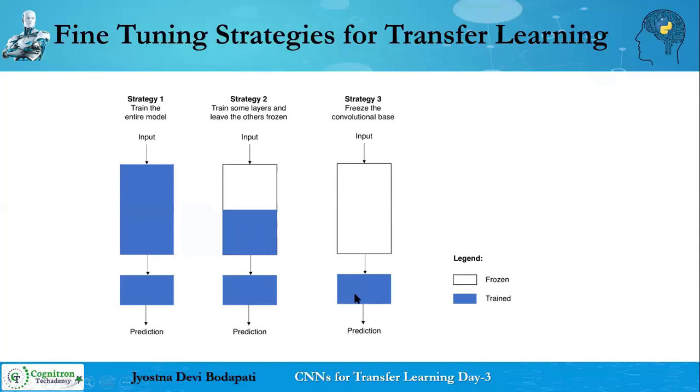The blue fill indicates the layers. You can think of this as a VGG16 model, and this bigger rectangular box indicates the convolutional blocks of your VGG16, whereas the smaller box indicates the final layers of your VGG16.